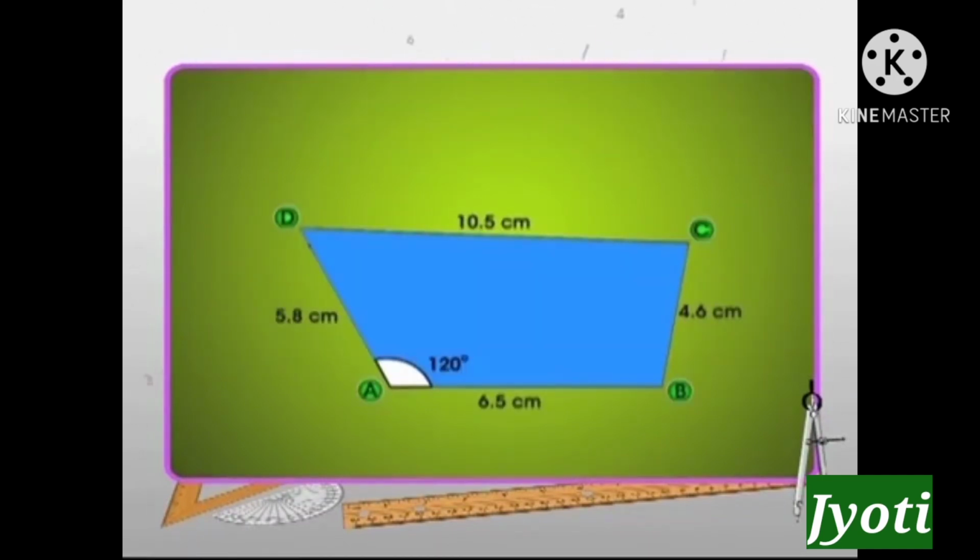So we know the measurements of all the 4 sides and 1 angle of the quadrilateral ABCD. Alright, it's now time to get on to the construction of the quadrilateral ABCD.